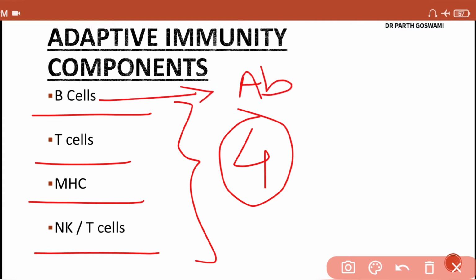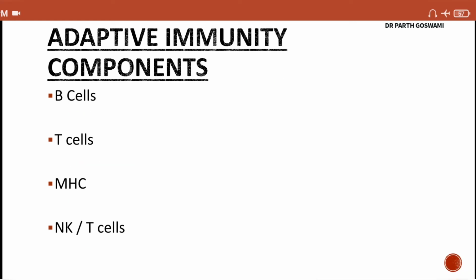The T cell mediates its action through T helper cells, natural killer cells, CD8 cells, etc., and it acts in many ways. We will discuss the T cell and B cell later in another lecture. For this short tutorial you have to remember that there are 4 components of adaptive immunity.